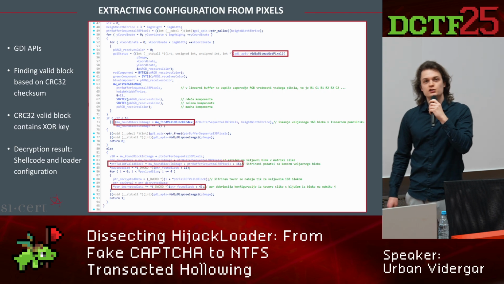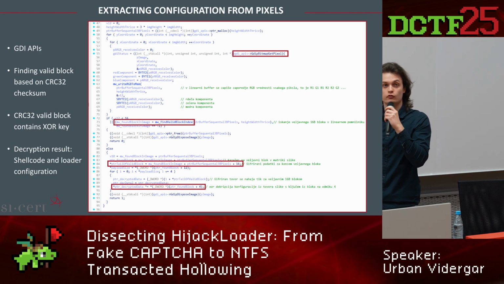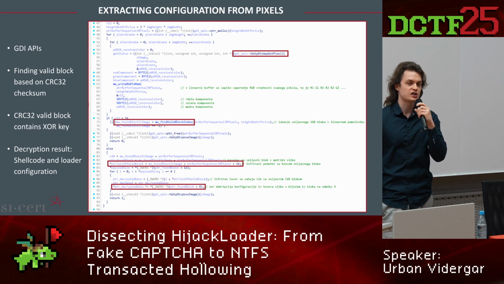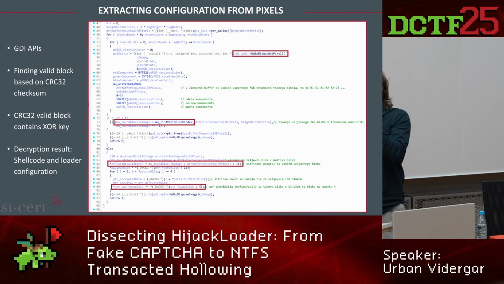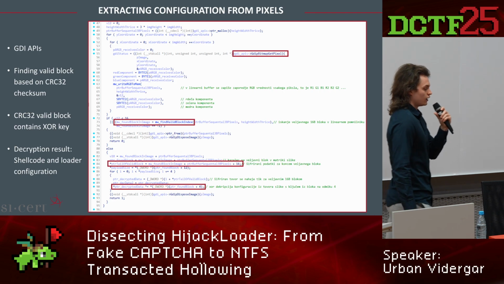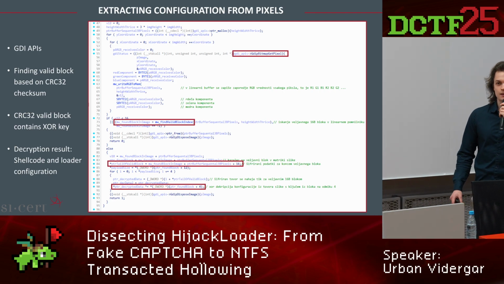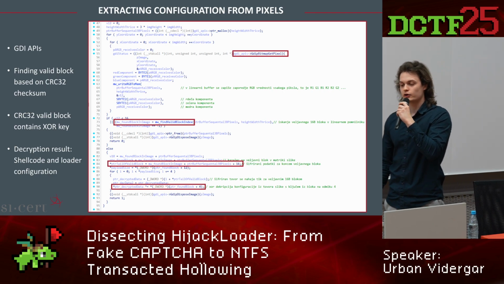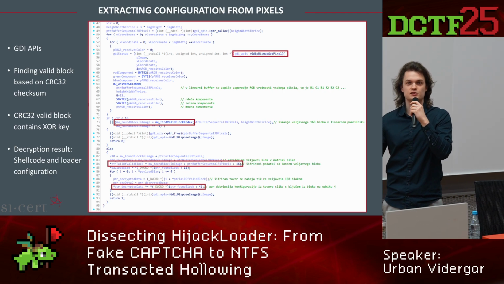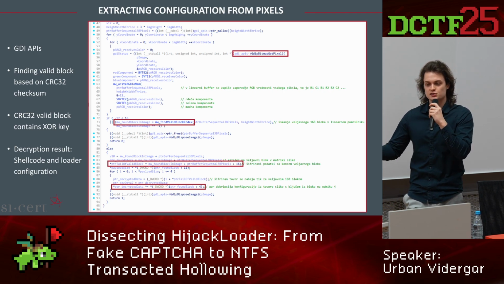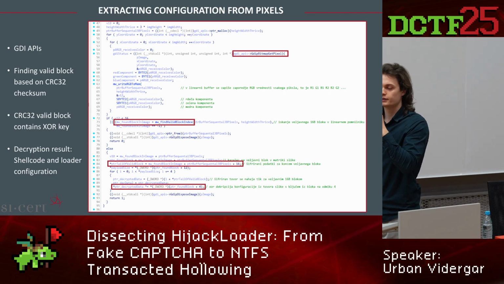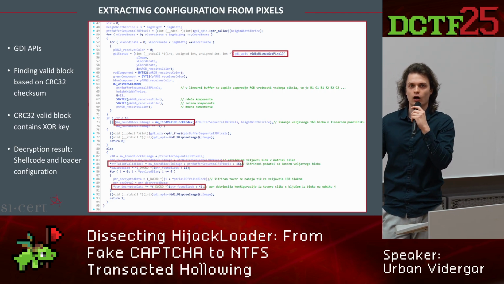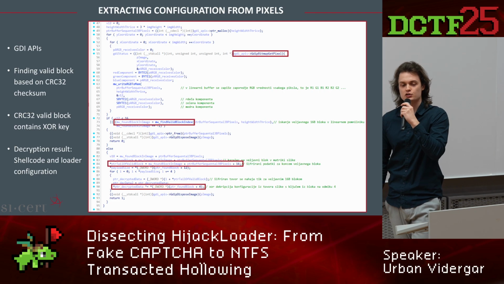Like I said, the first stage program is responsible for overwriting a part of its text section with the first stage shellcode, which is responsible for parsing this image you've seen on the previous slide. This image holds different 16-byte blocks from the malware perspective, and malware first reads these pixel values from the image, builds a linear buffer, an actual array, and then searches for a valid block out of every 16-byte block within this image.